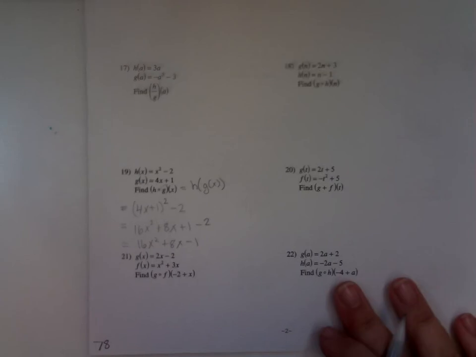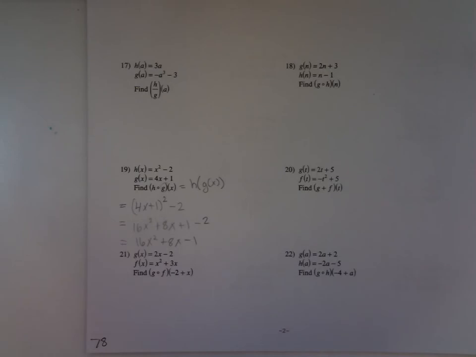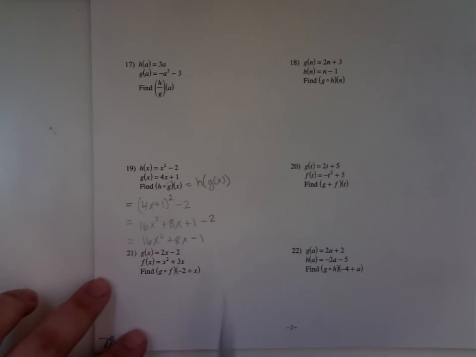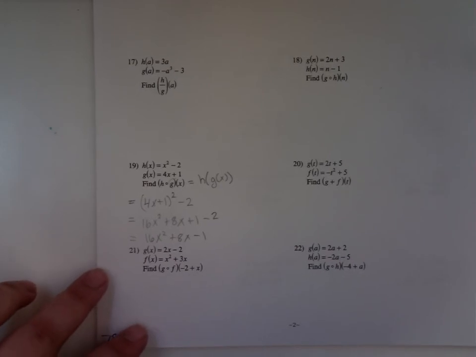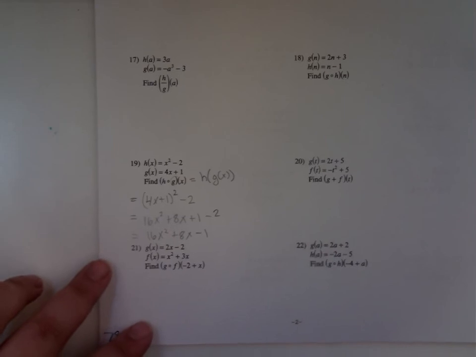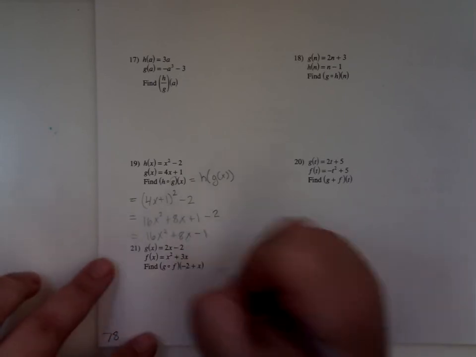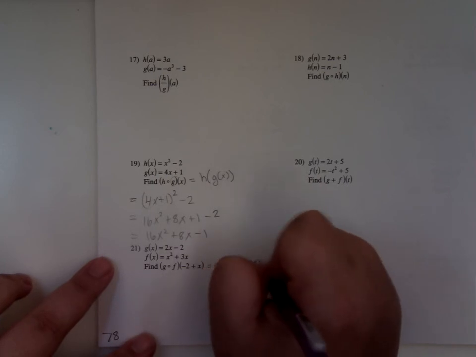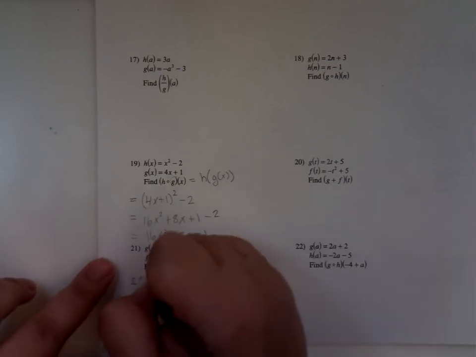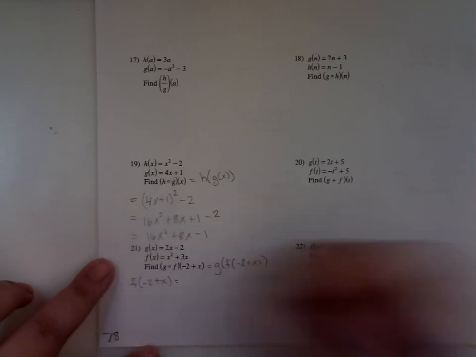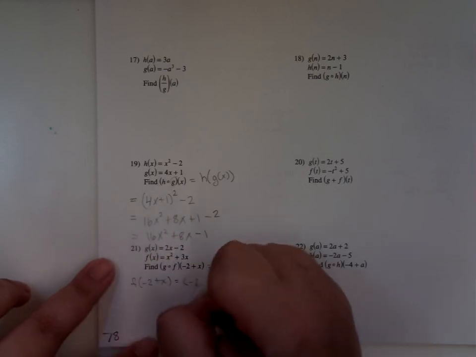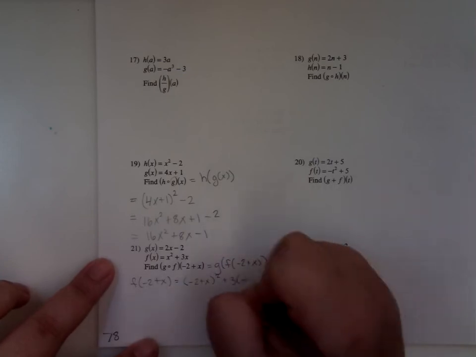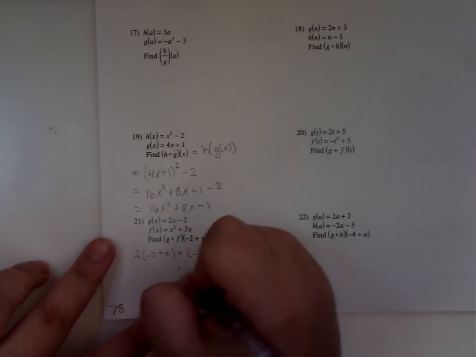If we look at the one down below, g of f of negative 2 plus x. So first of all, we have to figure out what is f of negative 2 plus x. So we've got negative 2 plus x all squared plus 3 times negative 2 plus x. Okay, so what's that going to give us?